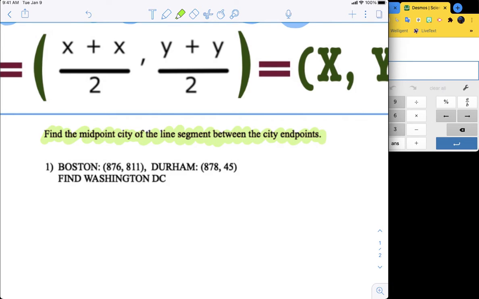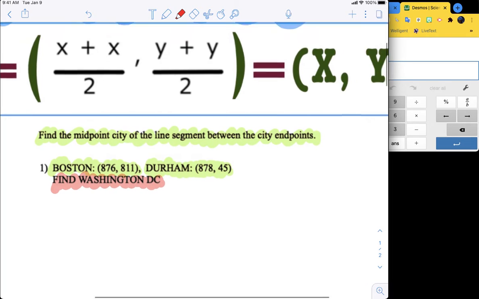So imagine there is a line between Boston, which is at 876, 811, and Durham, which is in North Carolina, which is 878, 45. They want us to find Washington, D.C.